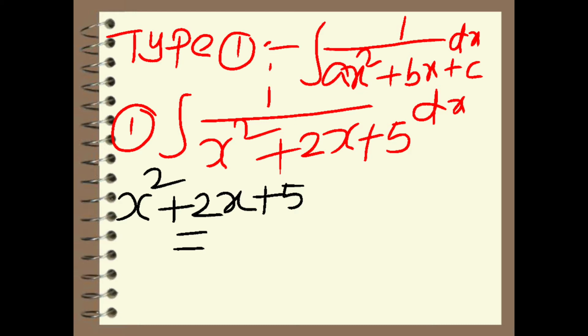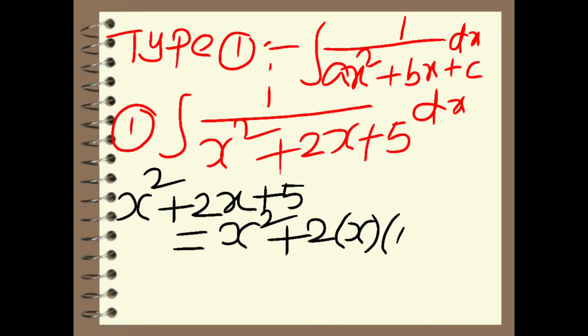So if x square coefficient is 1, then there is no need of taking common. So we can write directly as x square plus 2x, and for convenience 2x into 1, plus 5.